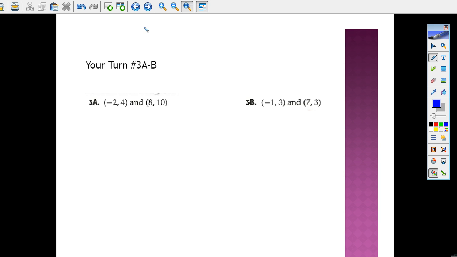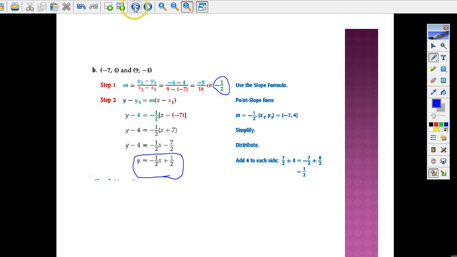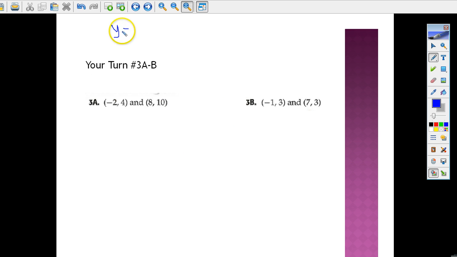Alright, so here's your turn, number 3A and 3B. You can use the slope y1 minus y2. Actually, y2 minus y1 over x2 minus x1. It doesn't matter which one it is. And then find your slope.